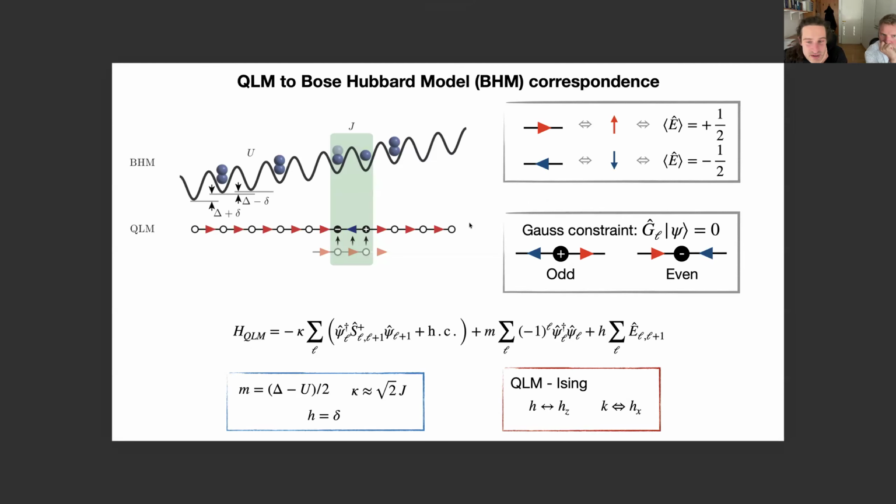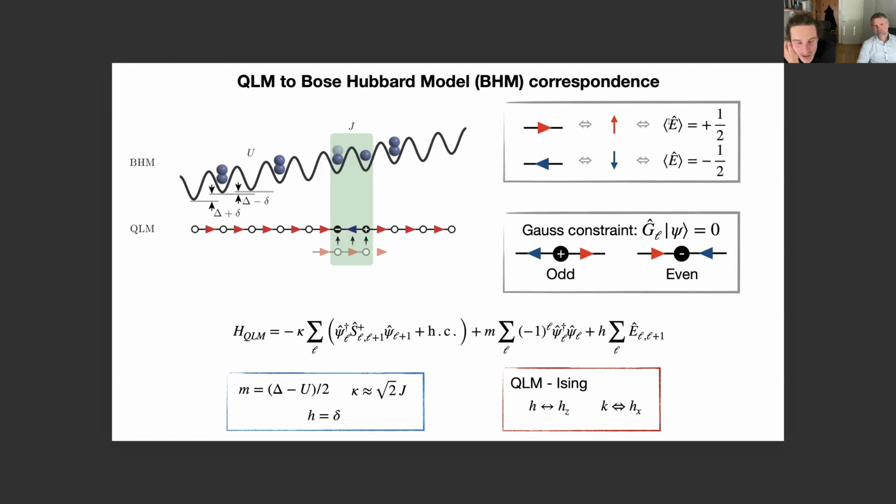And now the mapping is based, as I said, on this Gauss constraint. This slide is a bit filled up, but essentially on the top you have your atoms hopping on the lattice. On the bottom you have your quantum link model formulation, where I'm just introducing this notation. Essentially, arrow right is a spin up, arrow left is spin down, and then this means essentially +1/2 or -1/2 for the electric field.